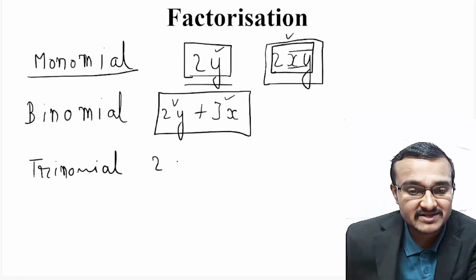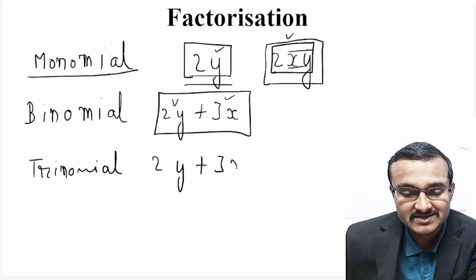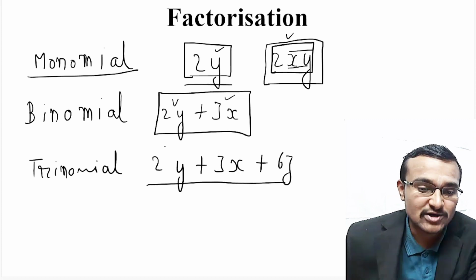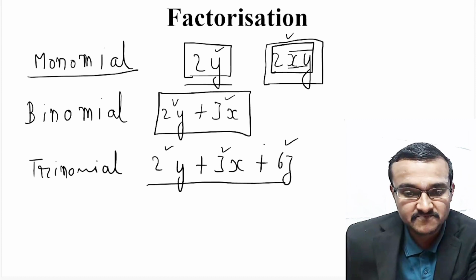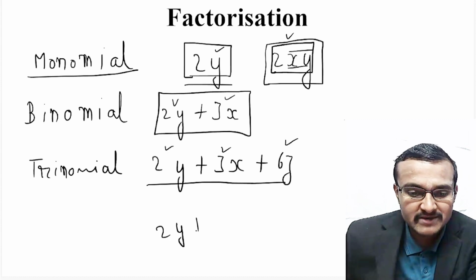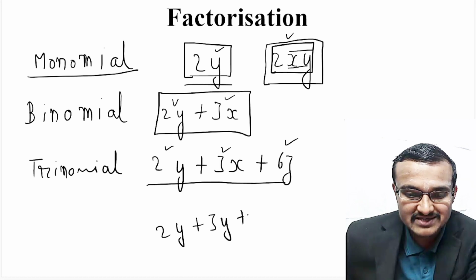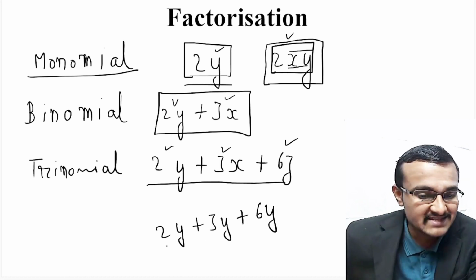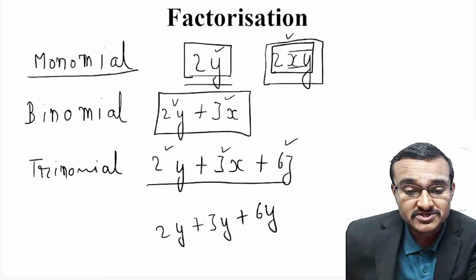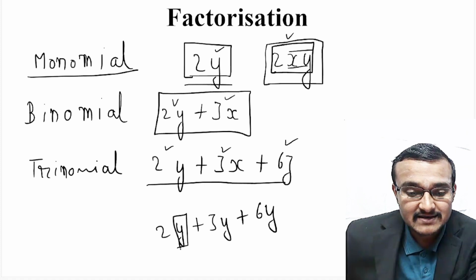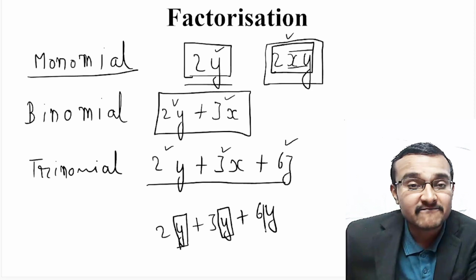So in trinomial there will be three terms. Let's say 2y plus 3x plus 6z. So this is actually a trinomial where there are three different terms. For example, if I take 2y plus 3y plus 6y, can this be a trinomial? No, because here you can clearly see there is a single variable, like all these three terms have y in it.